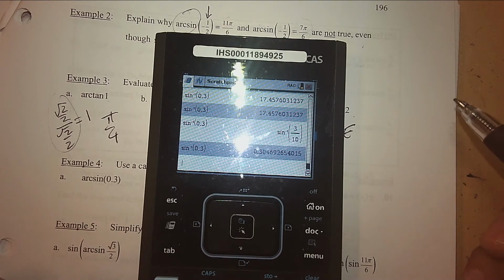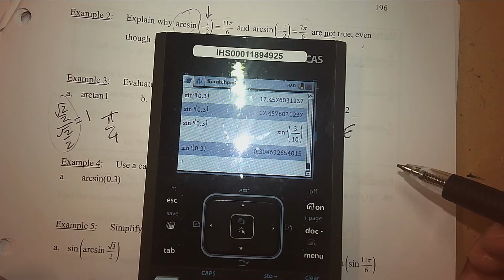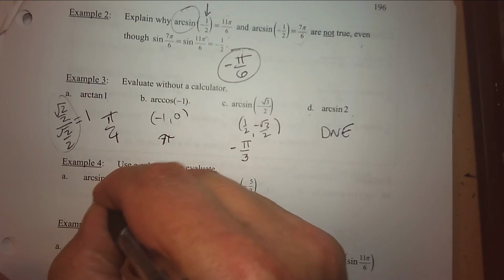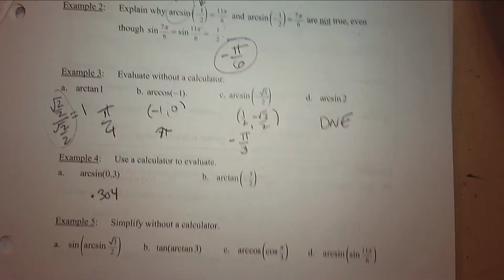All right, so let's try it again. 0.304 or 5. You can truncate.